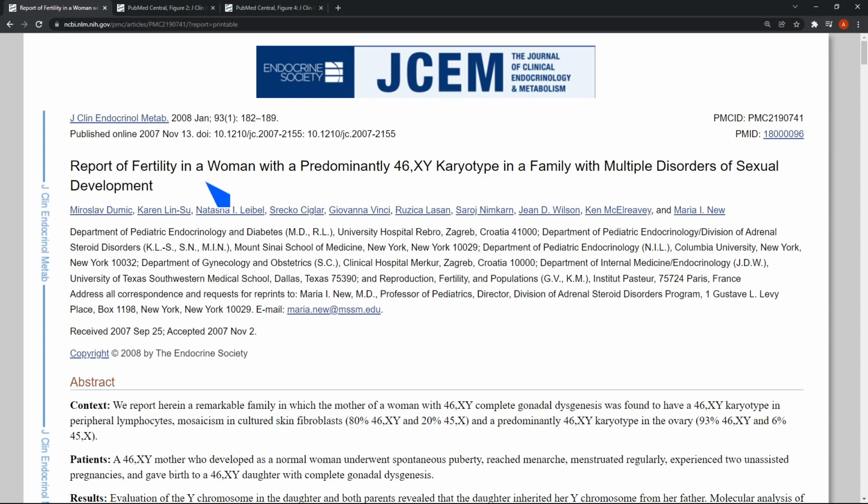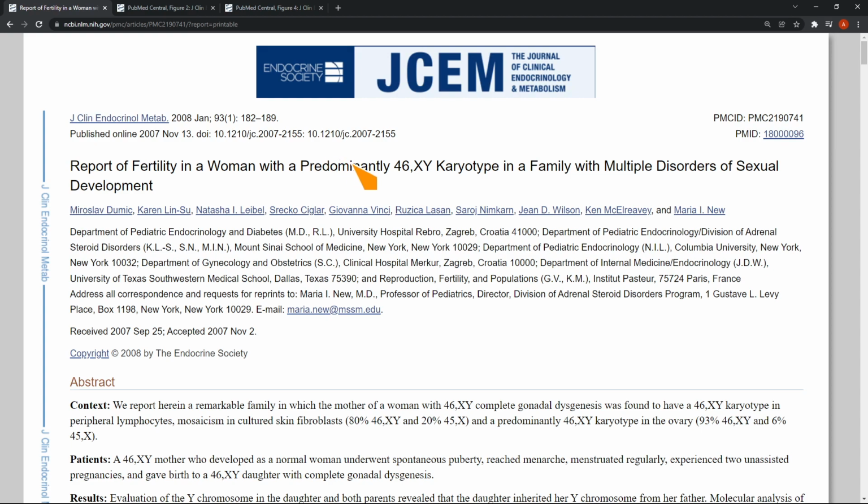Humans have 46 chromosomes total in their cells, with the last pair, the 23rd pair, being sex chromosomes. We know these as X and Y, and in typical women you find an XX chromosome pair.